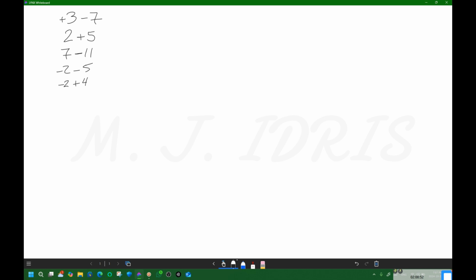These kind of equations here. First, the thing you knew earlier is that you cannot subtract 7 from 3. 3 minus 7, we cannot do that. That's for lower grades. But since we're going to explain algebra, we need to understand how to solve these kind of equations, these kind of calculations.